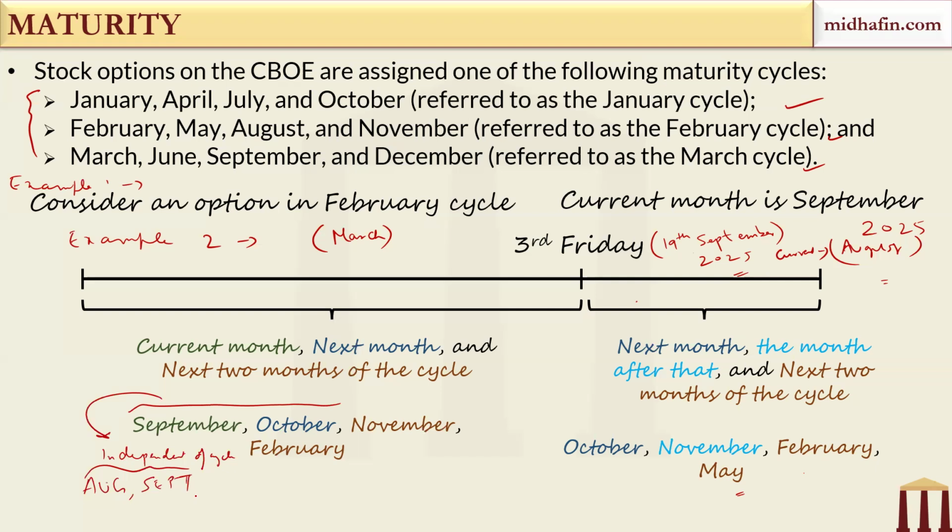But then you have to consider the cycles. In the March cycle, which months come after September? Of course, December and then March. So the answer will be August, September, December, and March.